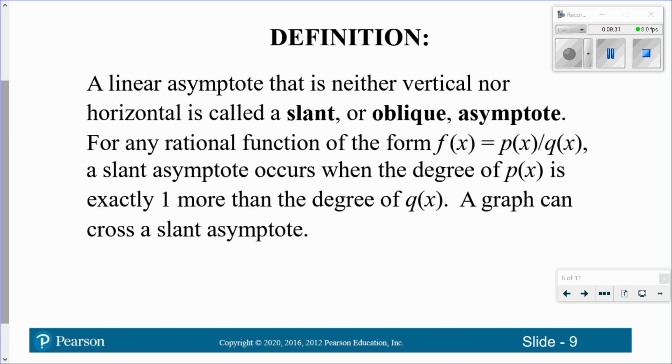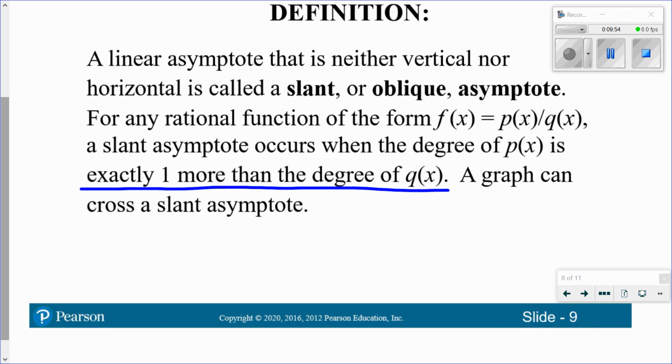Now, there is some good news, and that is that it only happens in one very specific instance, and that is when the degree of the top is exactly 1 bigger than the degree of the bottom. So it only happens in that very specific instance.